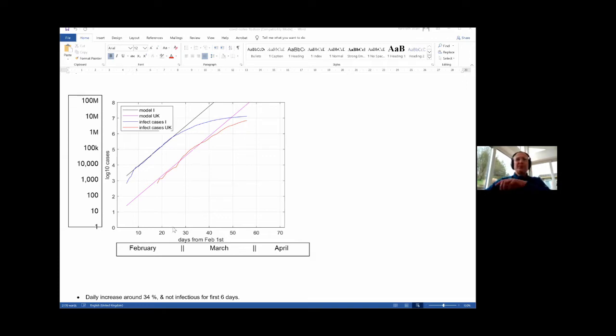You can see clearly the deviation from the straight line at around the 25th of February, 25th, 26th of February, something like that. So it's quite a surprisingly sharp deviation. Yeah. So that is the date at which there would have had to have been a lockdown, if that's the explanation for the change in the curve.